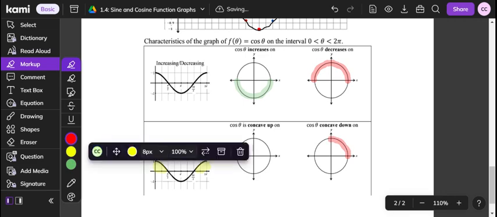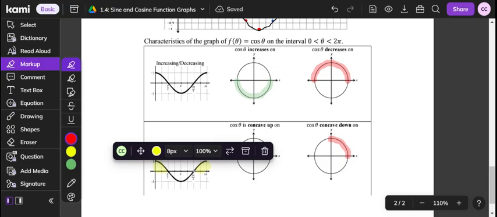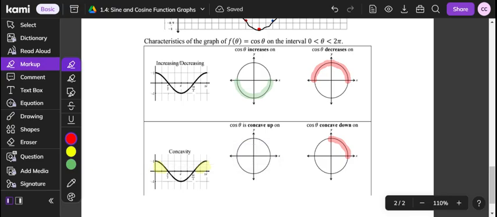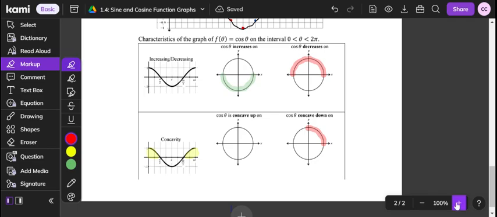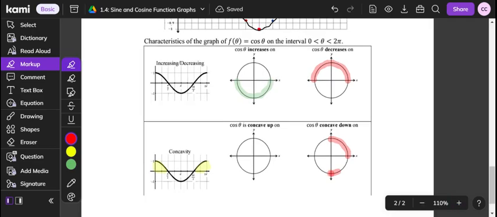And then it looks like we're concave up until we hit 3 pi over 2. And then we continue to be concave down for the rest of the circle. So we pick it back up right here and finish it. Okay, and then we are concave up between pi over 2 and 3 pi over 2. So along this interval here.